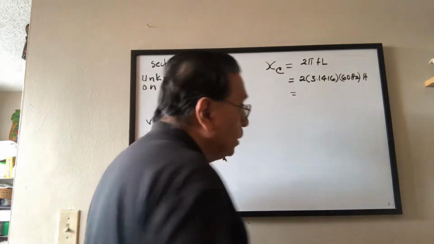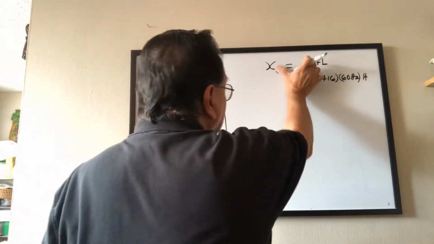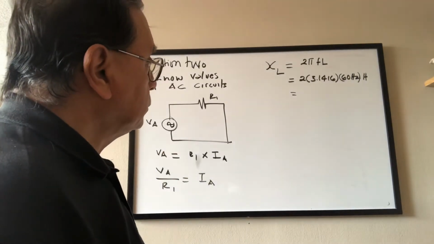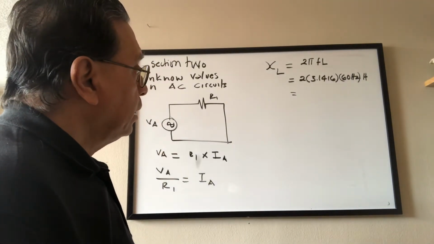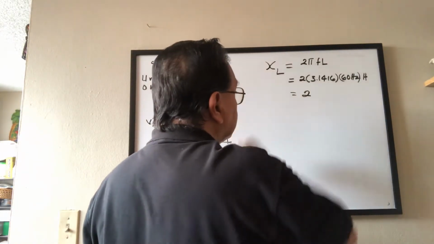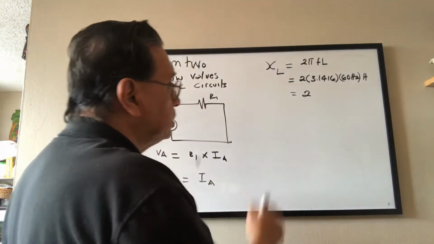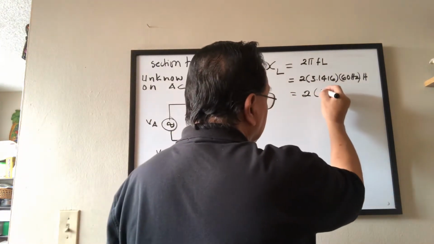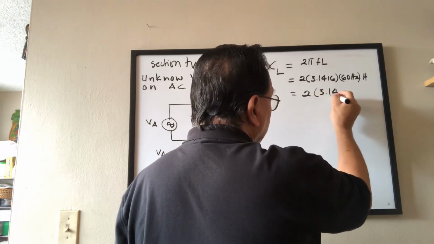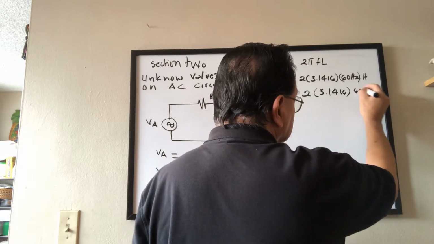For example, if we have an inductance whose value is 6 henries, the resistance presented by this coil will be equal to 2 times 3.1416, which is the constant pi, times 60 times 6.